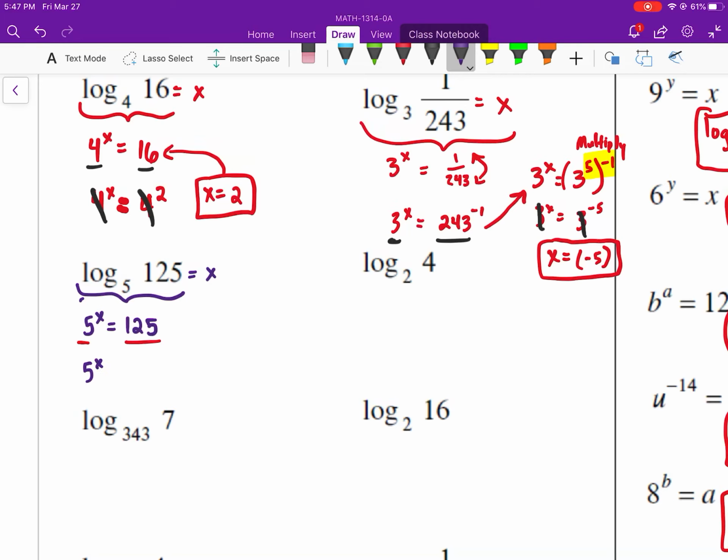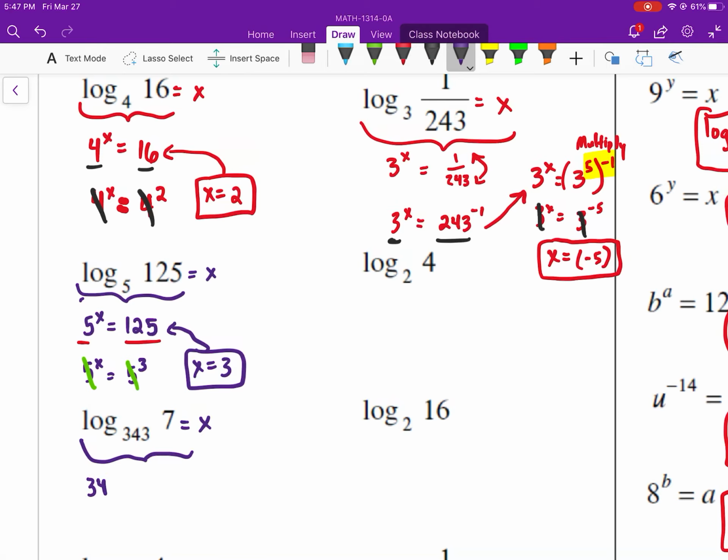I need a common base here for 5 and 125. I believe that's 5, so 5 to the x power equals 5 cubed. At this point we can cross out the 5's because they are equal to each other, and we get x equals 3. And again, if I plug it into here, 5 cubed is 125.